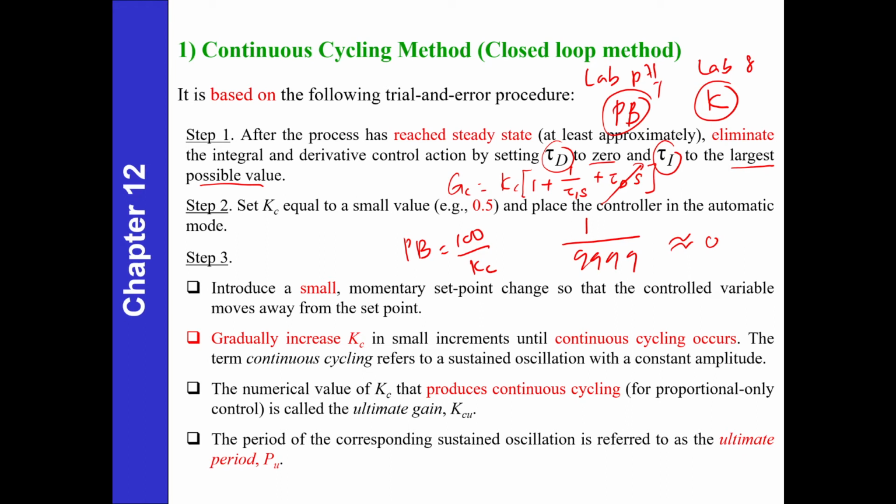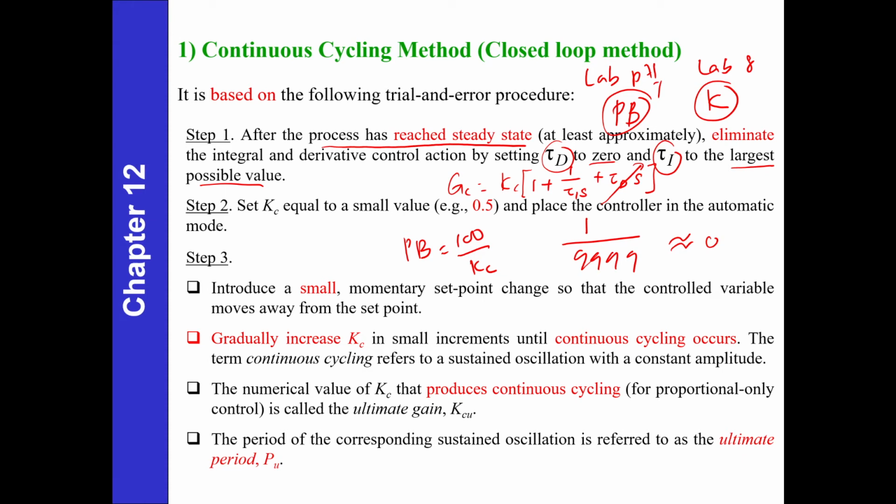So these are the steps for doing online tuning. In order to do online tuning, we have to wait until the process reaches steady state. This is only applicable for a real plant or real machine. When we do it in a simulation, we don't have to wait, because we simulate only at that particular time, not from the beginning of the process.